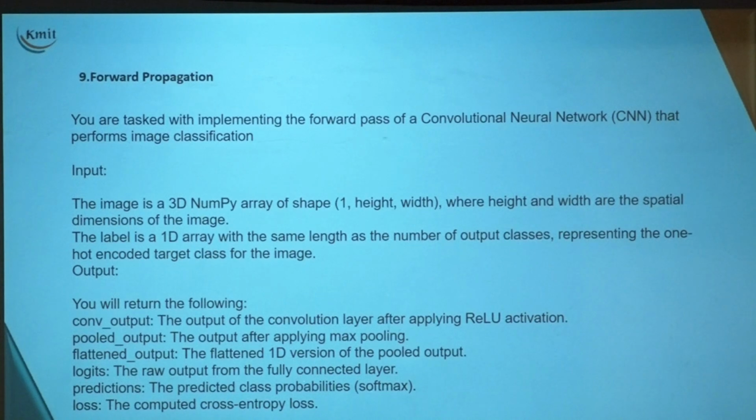Forward propagation should cover all these steps. It's 10:15. We'll give you 20 minutes to complete forward propagation. We have to complete both forward and backward today in the session. We have to build the complete CNN architecture today. 25 minutes for forward, 25 minutes for backward. Please focus on forward propagation now.